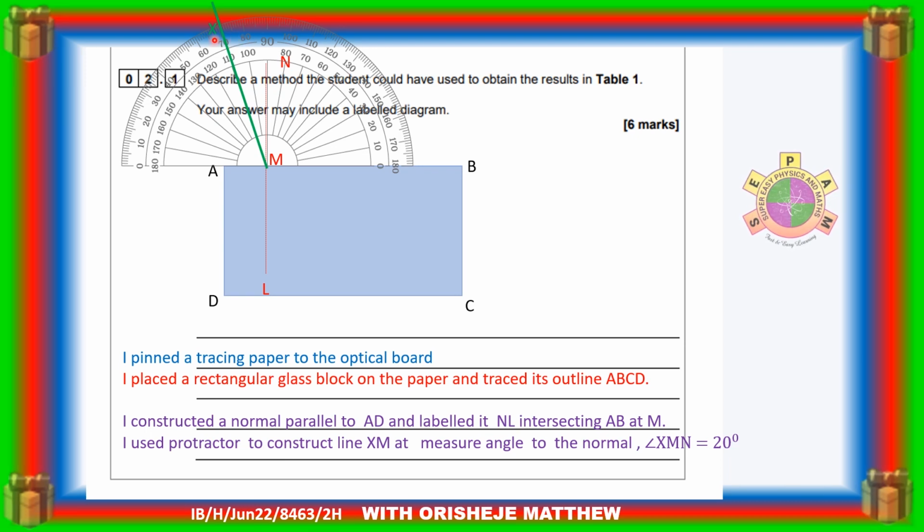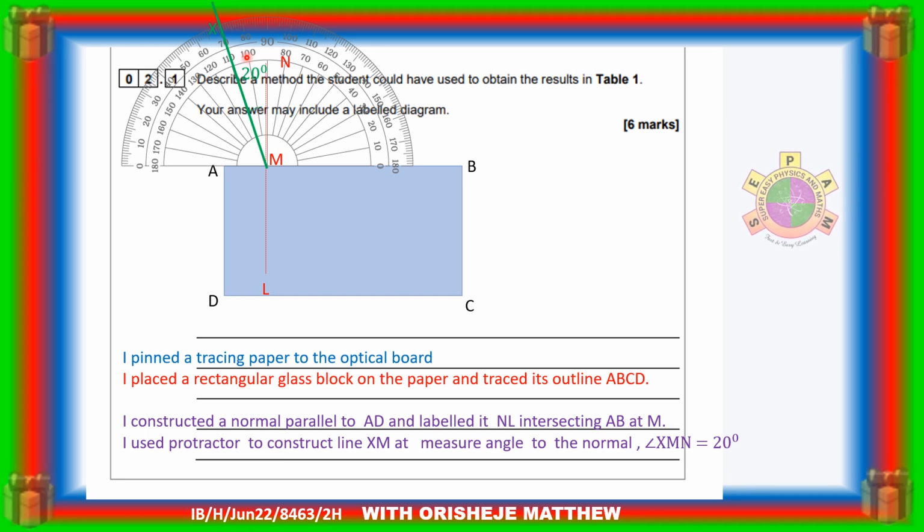So you can start with 10 degrees, then later you vary the angle to 20 degrees, vary to 30, vary to 40, and so on until you get to 80 degrees, which is the last angle of incidence that the student measured. So after doing this, you trace this line, that is the green line, and mark it down. So you measure the angle there, which is 20 degrees. That is going to serve as the angle of incidence.